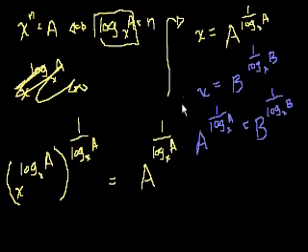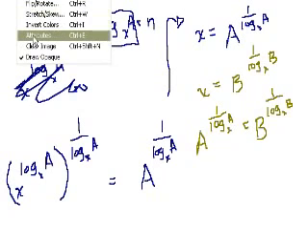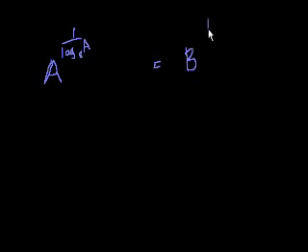So what can we do now? I'm running out of space, so let me clear this and go to another page. I said that a to the 1 over log base x of a equals b to the 1 over log base x of b.